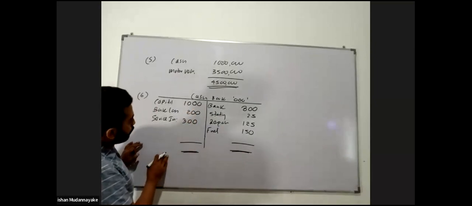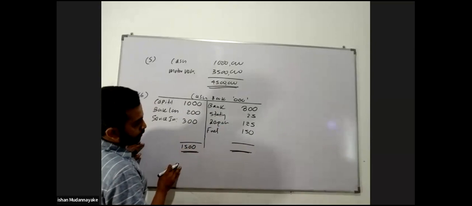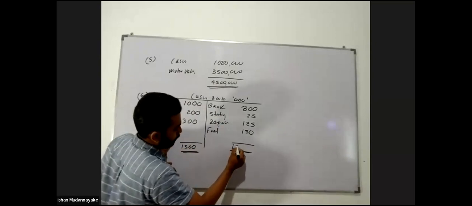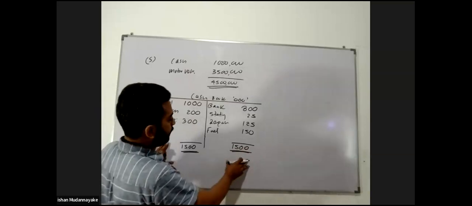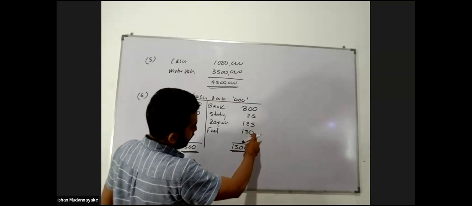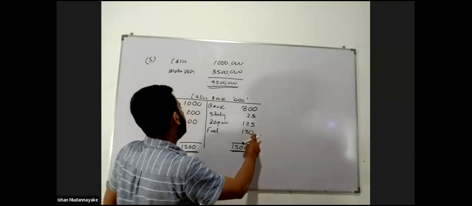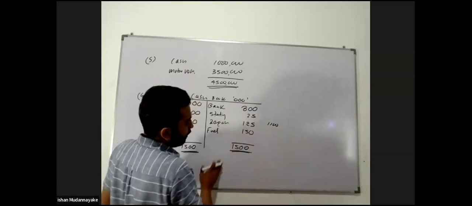Debit side total amount 1,500,000. Transfer to credit side 1,500,000. Then here 150,000, 300,000, 1,100,000. Total cash paid 1,100,000.